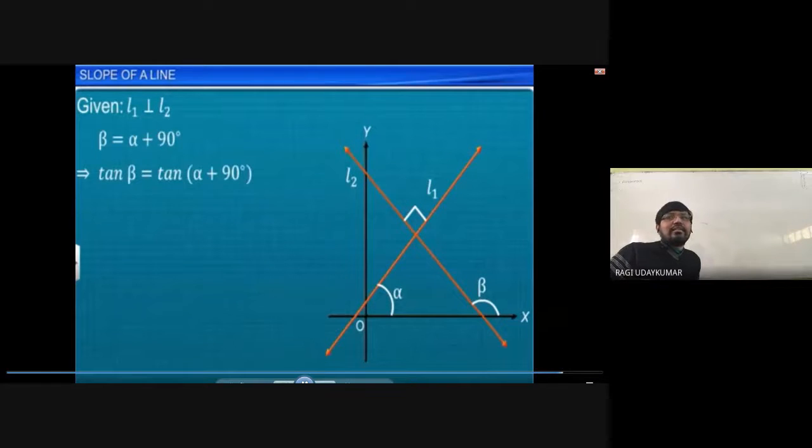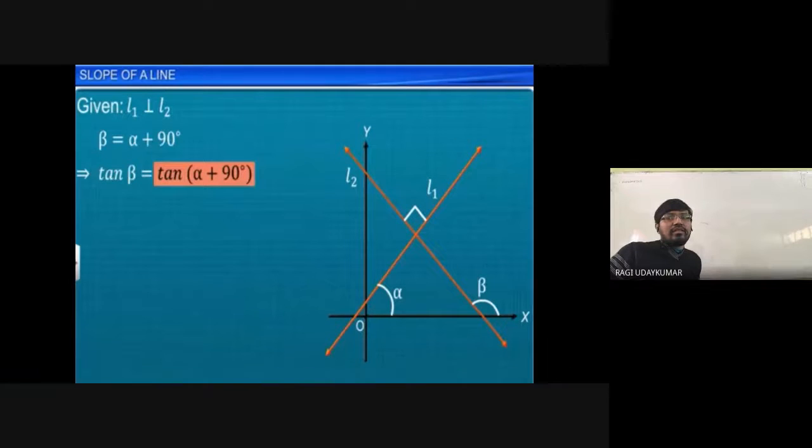So beta is equal to alpha plus 90. Can you see? Beta is equal to alpha plus 90, because here it is 90 degrees. If you take the triangle into consideration, then 90 plus alpha you are going to get as the beta value.